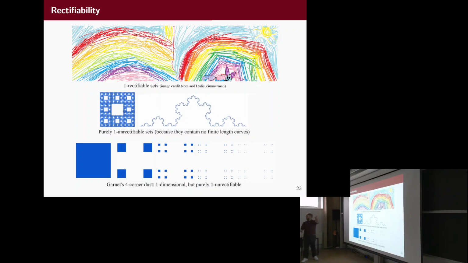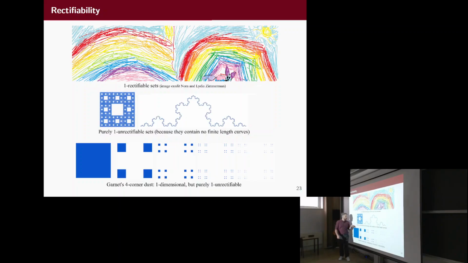These aren't filled in. They're scribbles. I didn't use a filling tool in Paint. They drew this in finite time, so I know that this is a one rectifiable set. The regular Sierpinski carpet and the Van Koch snowflake are purely one unrectifiable sets.